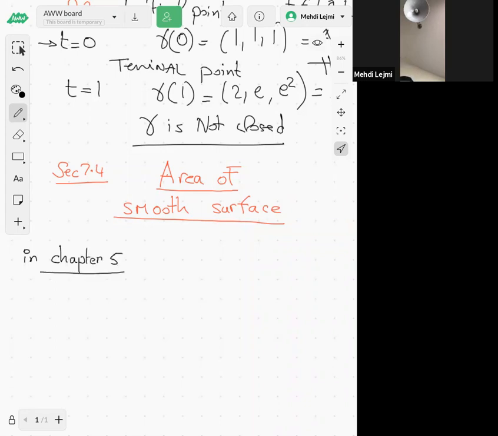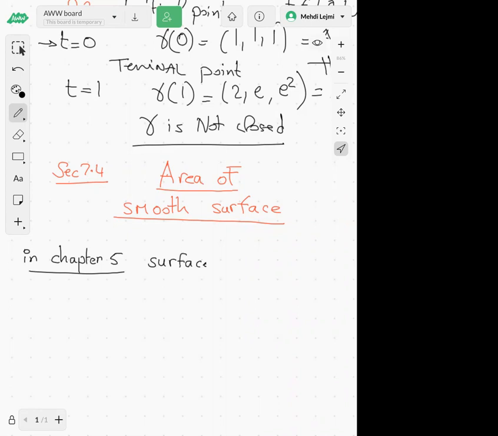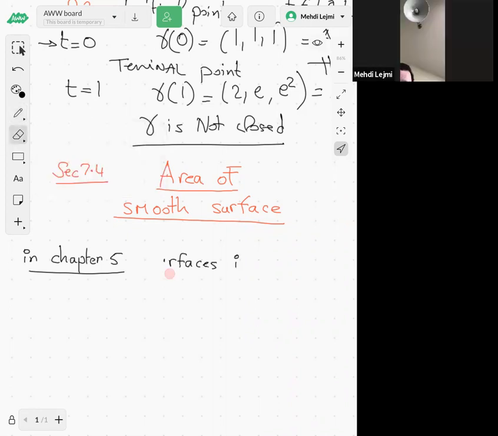Actually, they are supposed to be elementary surfaces, let's call this surface S. And this is important.